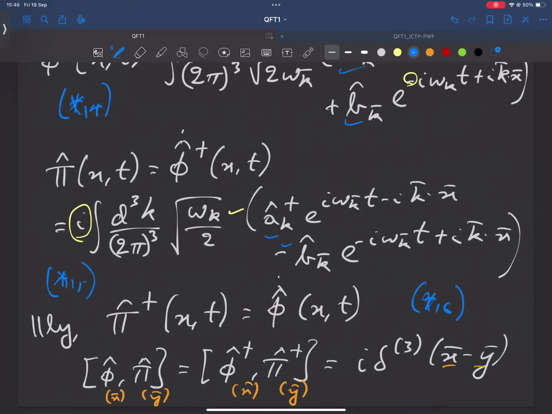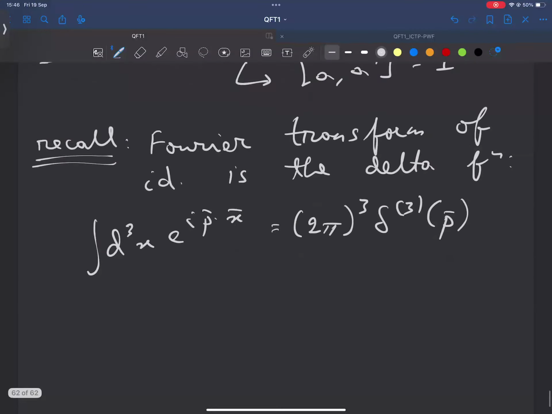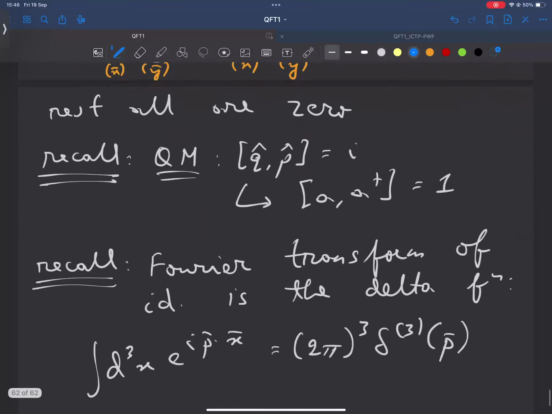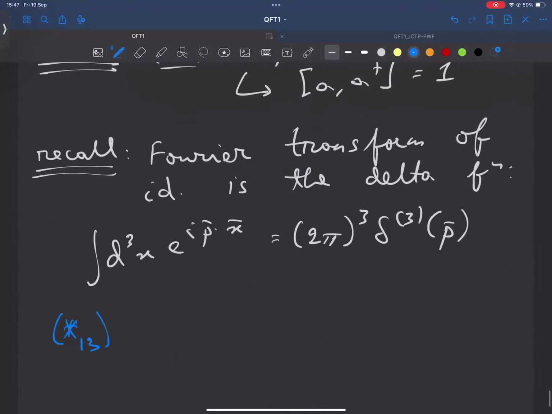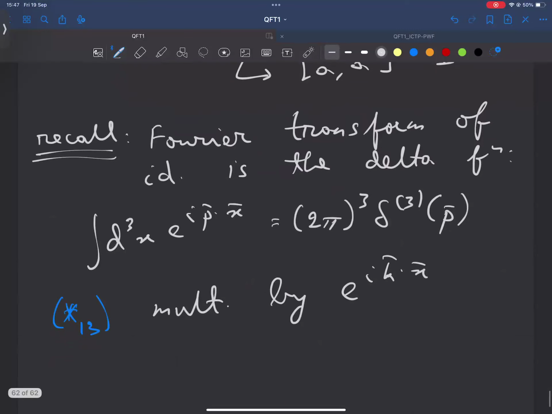So what we want to do is now multiply star 13 by e^(ik·x) and then integrate over all x.